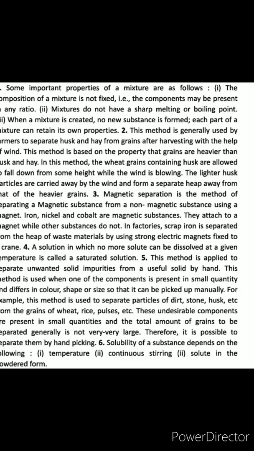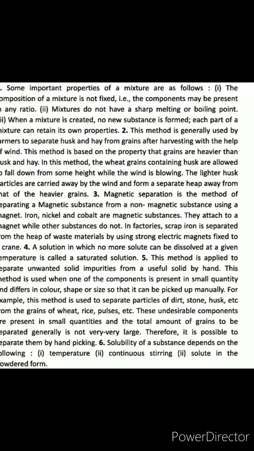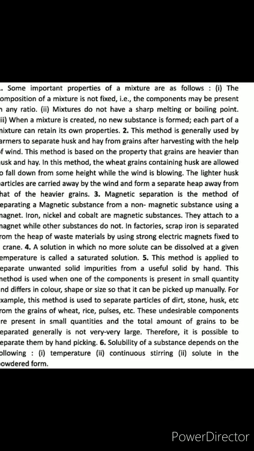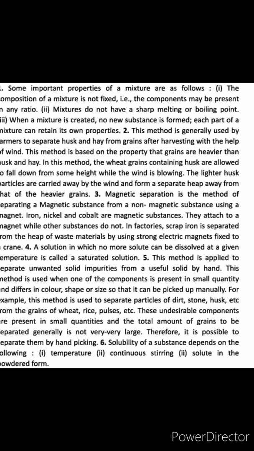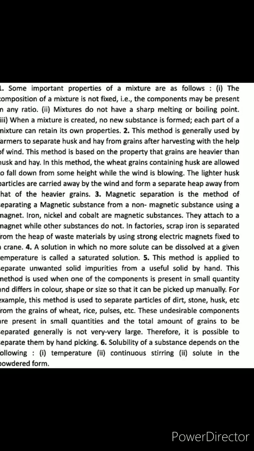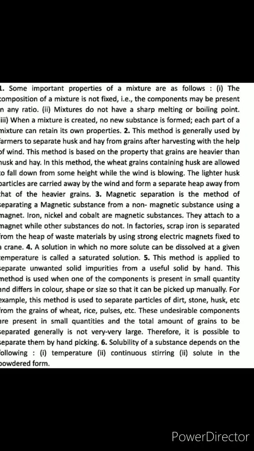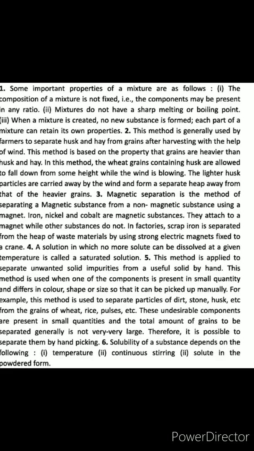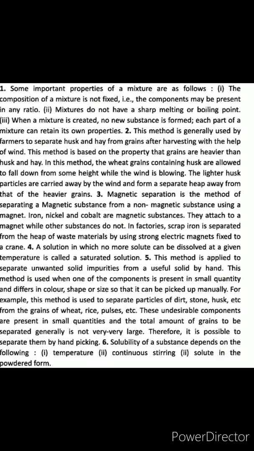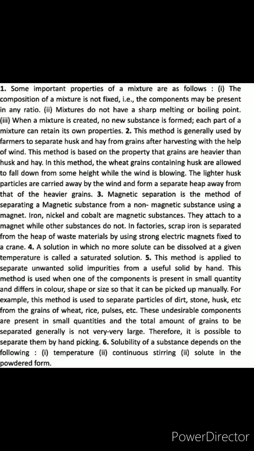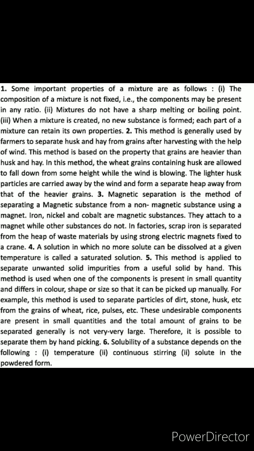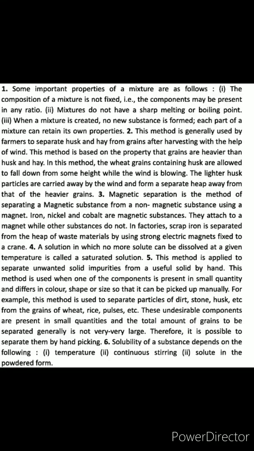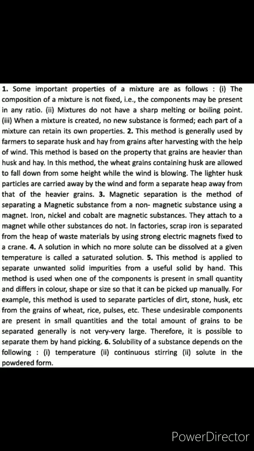In factories, scrap iron is separated from the heap of waste materials by using a strong electric magnet fixed to a crane.